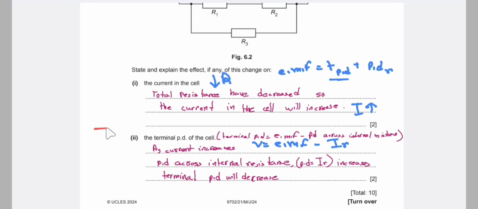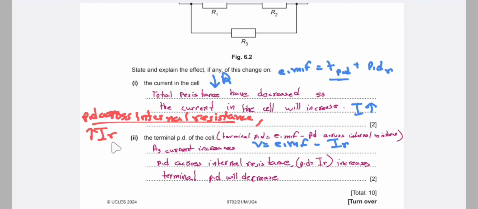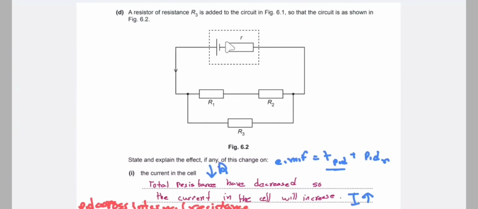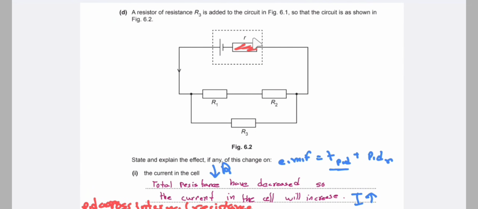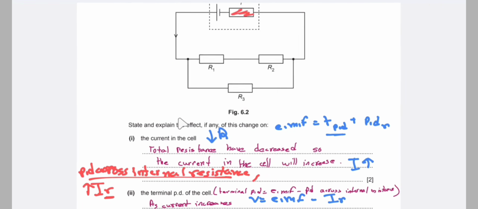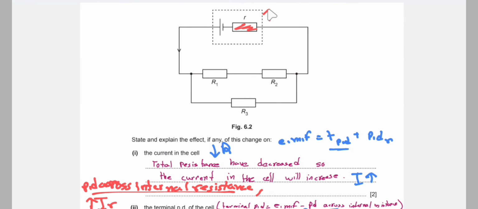The internal resistance is the same and the current has increased, so the potential difference across the internal resistance increases.